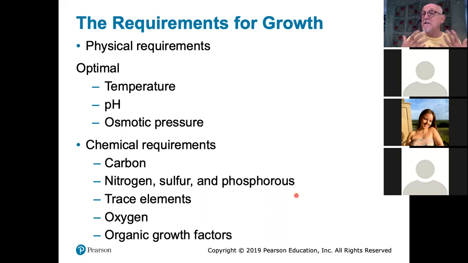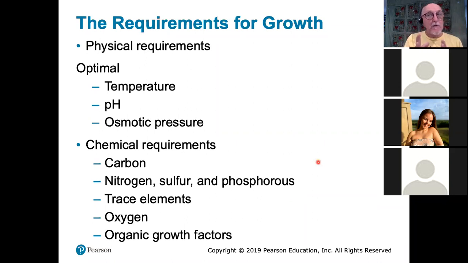For example, they need very small amounts, sometimes, of metals, such as iron, molybdenum, all of these sorts of things, which often are involved again in enzyme function. Depending on the organism, many organisms require oxygen. They may also require from the outside other growth factors, such as vitamins, this sort of thing. It depends a lot on which organism you're talking about, because organisms are highly adapted for their environment.